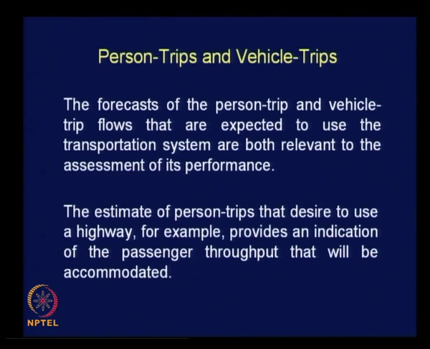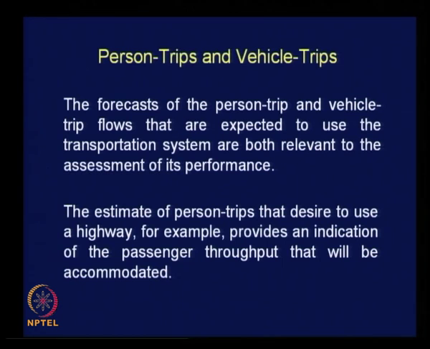It is acceptable, but still we need to come down to the specifics related to this particular process of route assignment. The estimated person trips that desire to use a highway, for example, provide an indication of the passenger throughput that will be accommodated.